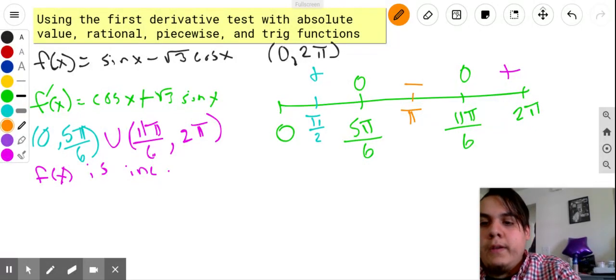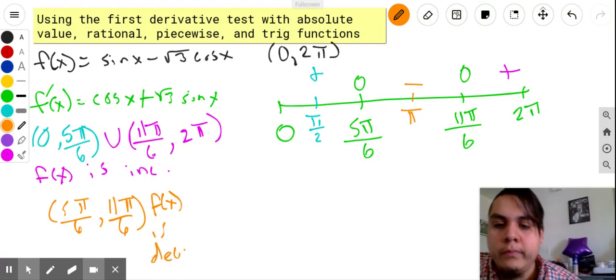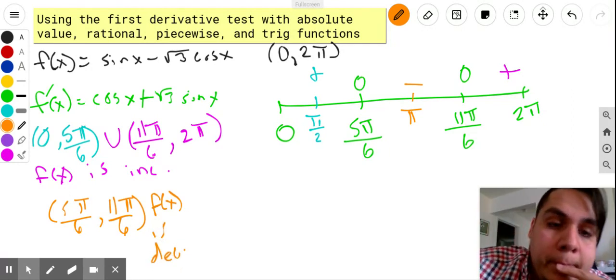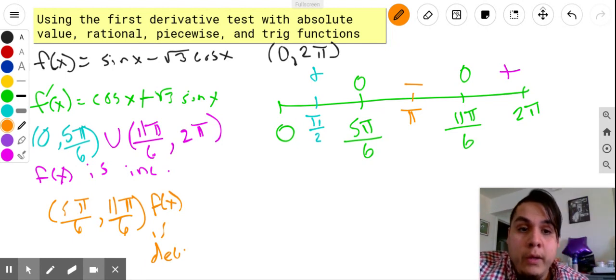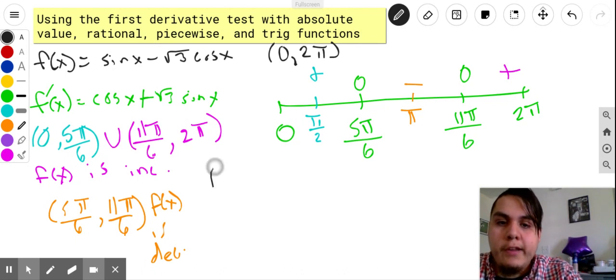All right. If I look at it from 5 pi over 6 to 11 pi over 6, f of x is decreasing. All right. So we're going to go ahead and find f of 5 pi over 6.